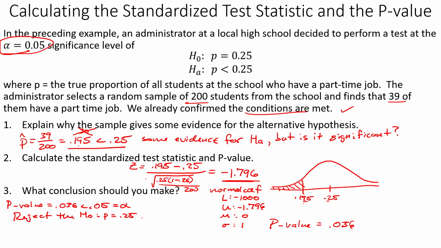In other words, we have significant evidence that p is less than 0.25, our alternative hypothesis. We'll add some context in later, but that's basically what we're going to be doing here.